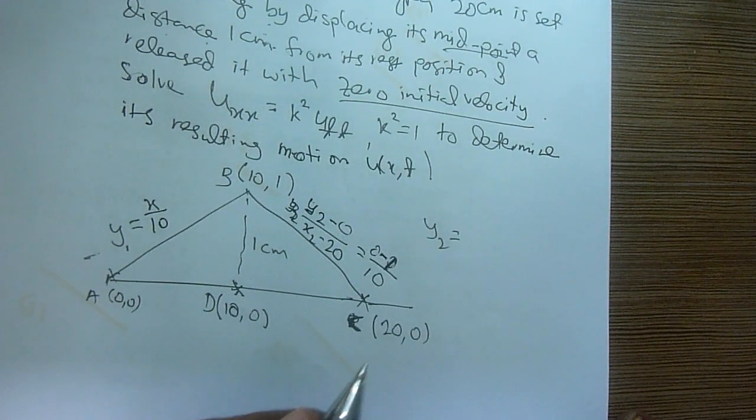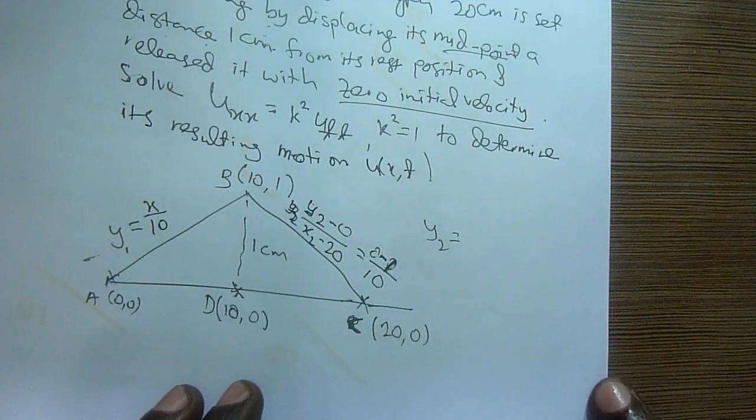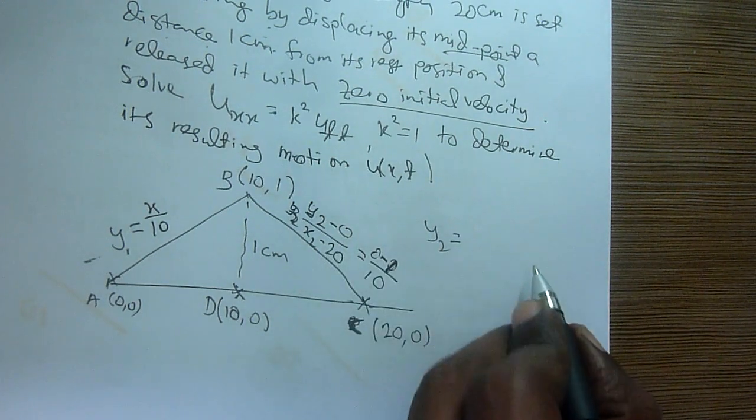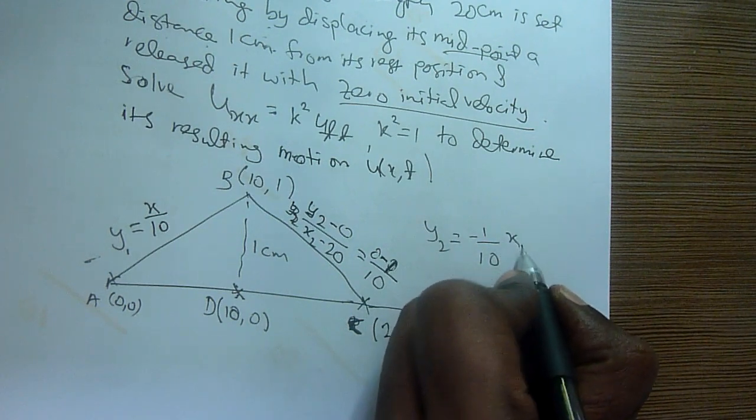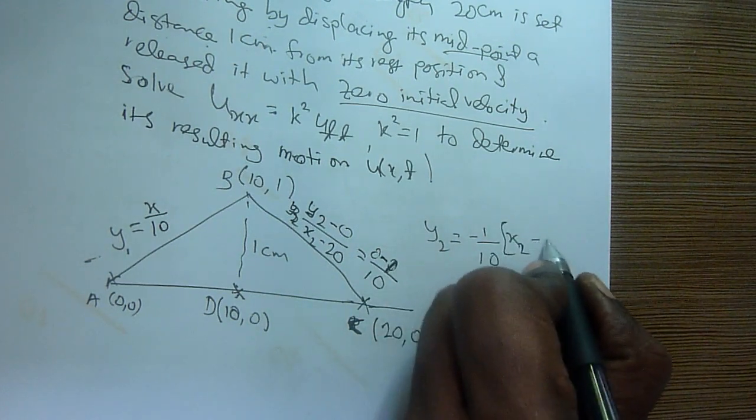That equation is where you get the solutions. Now in this particular case, when you try to solve the equation, can we first settle with this one, negative 1 over 10, and this is x1, x2, 20.